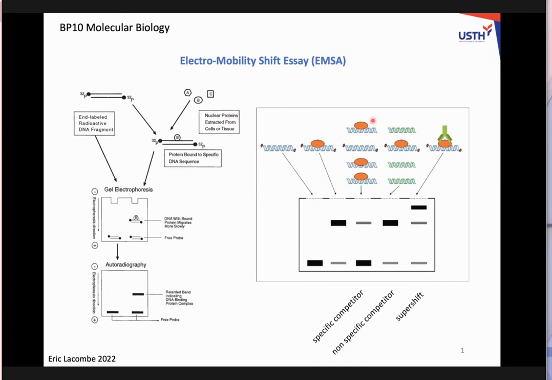Okay. Now we're going to see what the specific competition is. You redo exactly the same reaction: the labeled probe, the protein, but you add, and this is what is written here, here, and here, in excess the same DNA fragment as the probe, but without the radioactive ends.